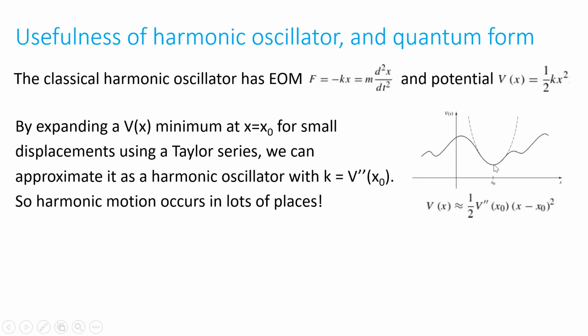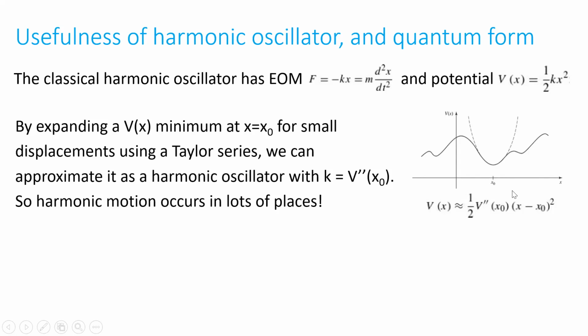The constant term we can ignore because adding a constant term to a potential doesn't change the force. The first Taylor series term with the derivative is equal to 0 since it's flat at this point. So it's the second term, 1/2 times the second derivative of the potential at x naught times (x minus x naught) squared, which is the dominant term.